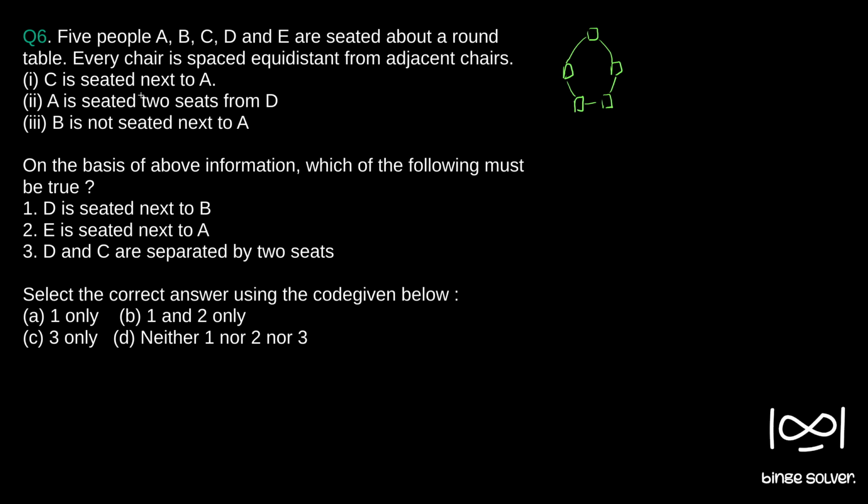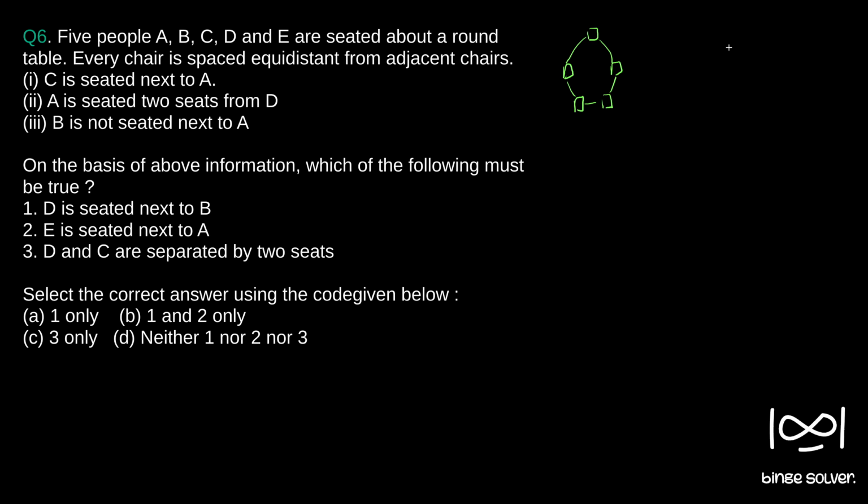So we'll just see how that can be done. In the first statement, C is seated next to A. Since there is no alphabet filled in, we can randomly choose one seat and start filling. We'll just fill in C first.